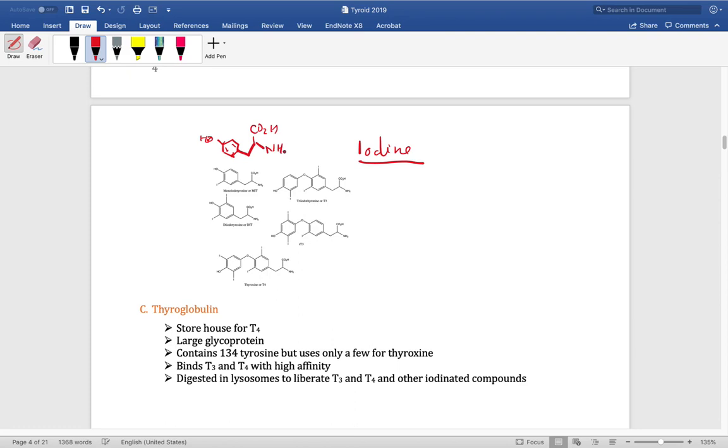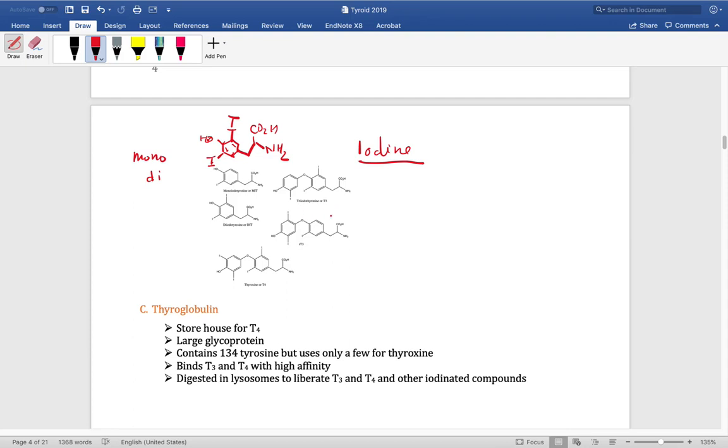And so monoiodotyrosine basically just has one iodine that's added. So you have the mono, you have one. Then you have diiodotyrosine, so you're going to add a second iodine to get to the di, and so on and so forth, where you have a triiodotyrosine.